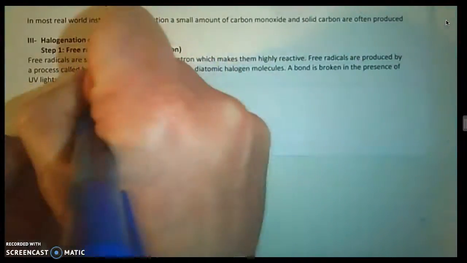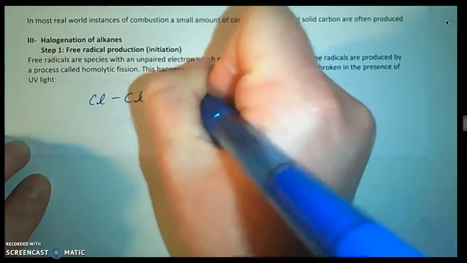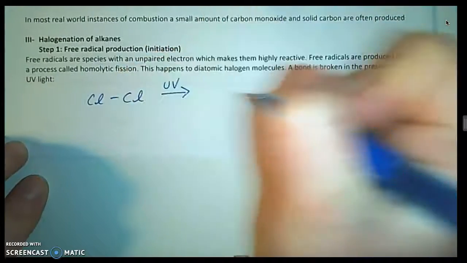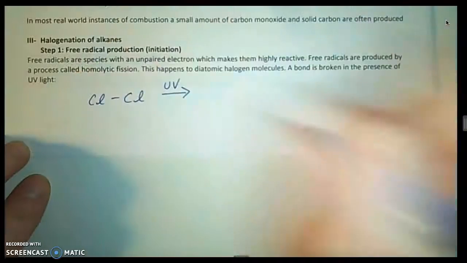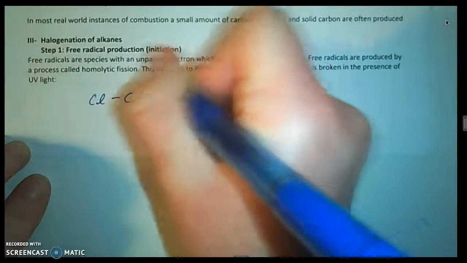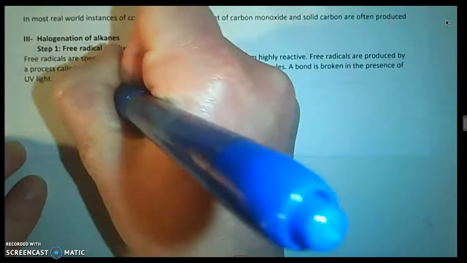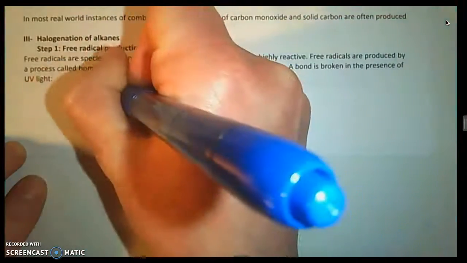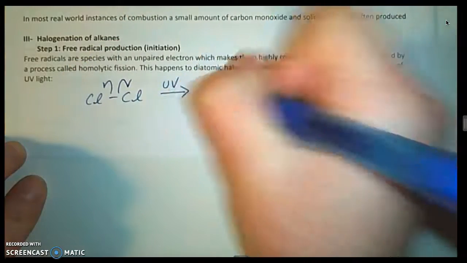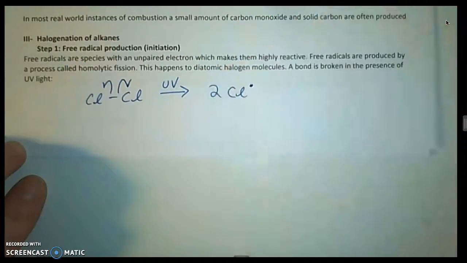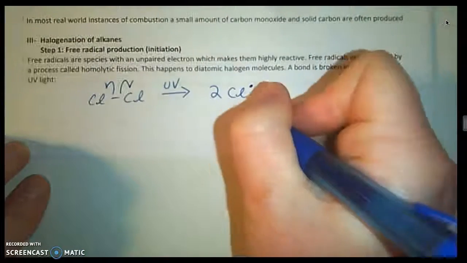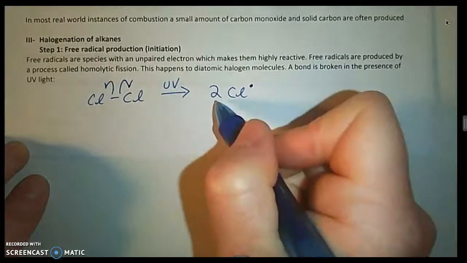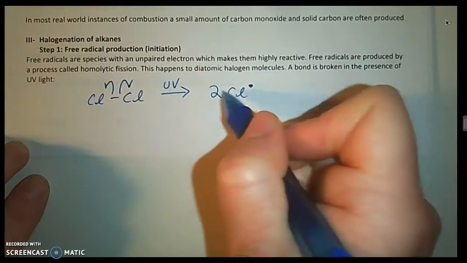So if you have a chlorine molecule in the presence of UV light, then the bond that holds the chlorine together can absorb that UV photon and it will break. Okay, and this is called homolytic fission, and it results in two chlorine free radicals.